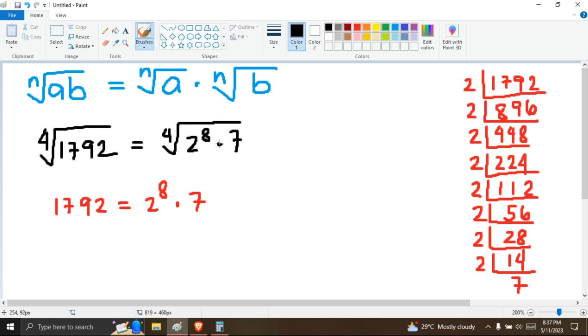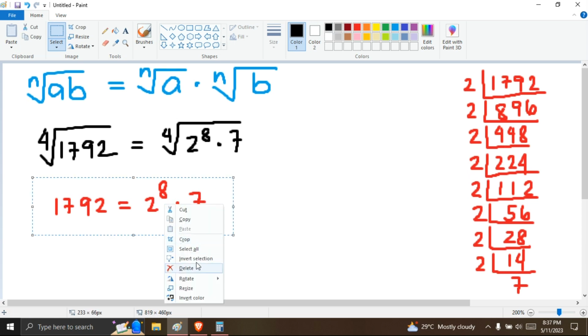Naka-idea dayon na ang imong 2 to the power of 8 can be extracted, no? The fourth root of 2 to the power of 8 can be extracted, and the fourth root of 7 remains the fourth root of 7. Okay.